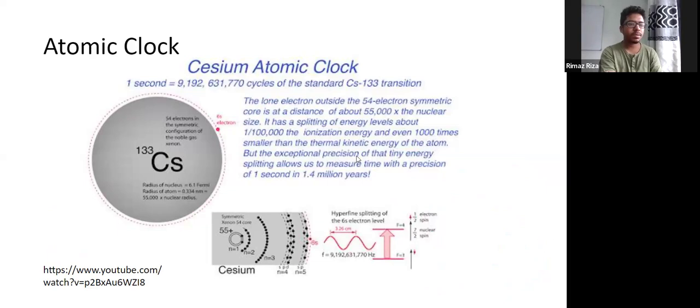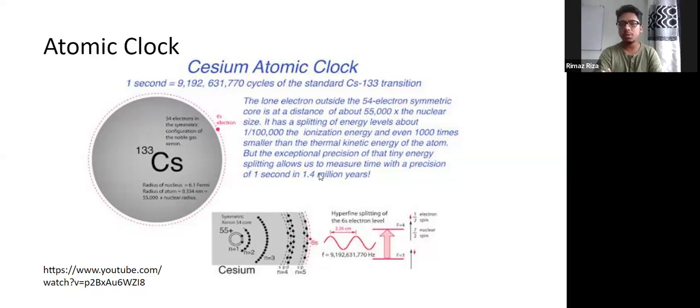But the exceptional precision of that tiny energy splitting allows us to measure time with a precision of 1 second in 1.4 million years. That means if we made an atomic clock using cesium, then an error of 1 second could happen in 1.4 million years. Therefore, atomic clocks are the most precise clocks.